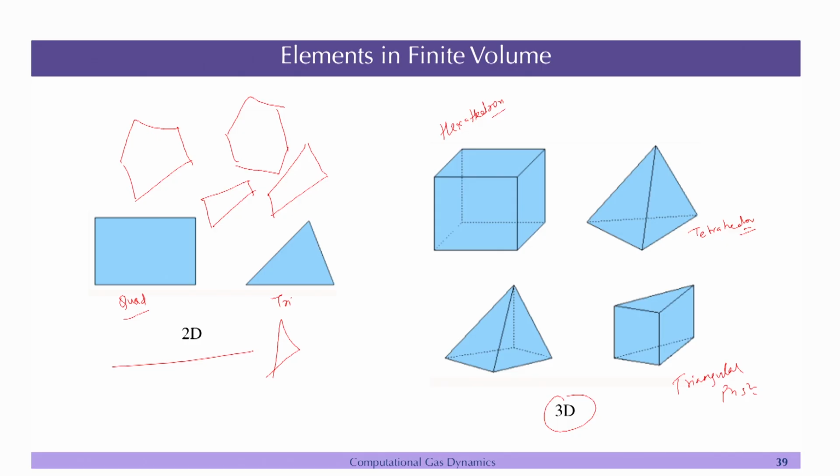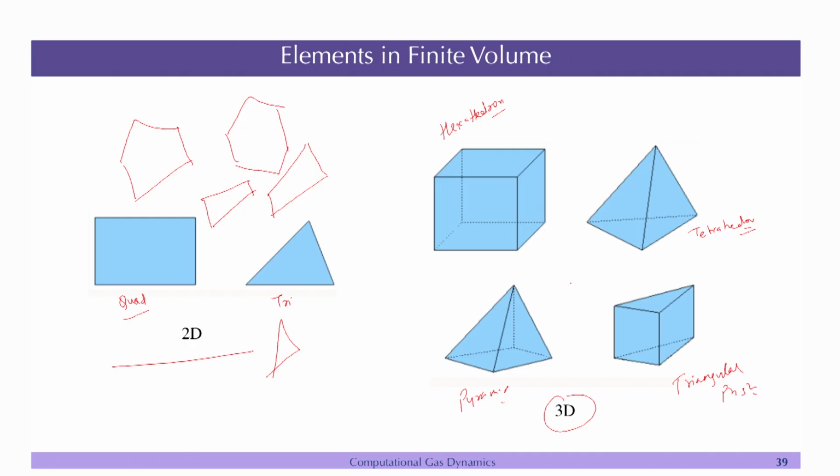So all kinds of elements are possible, and this is again just illustrative. You can have many different kinds of complicated elements as you go in 3D. These are the different kinds of elements that you might encounter.